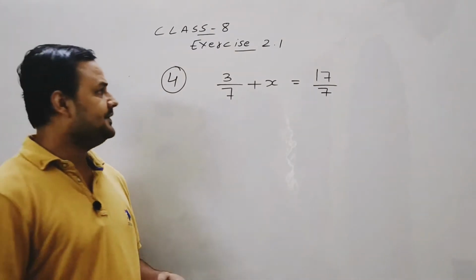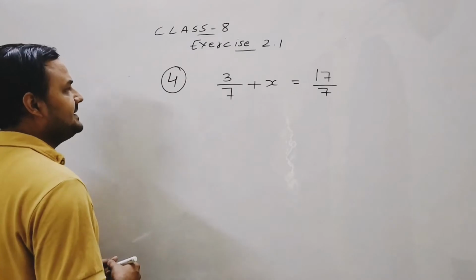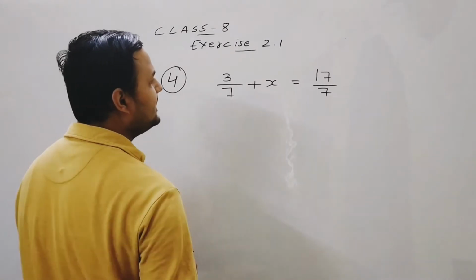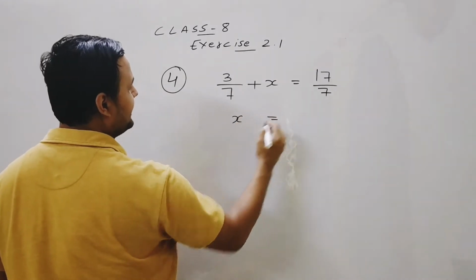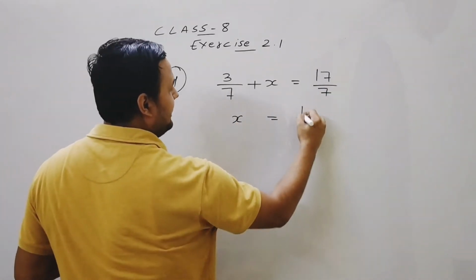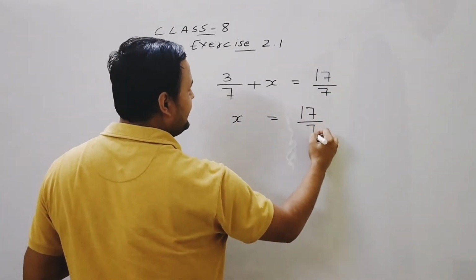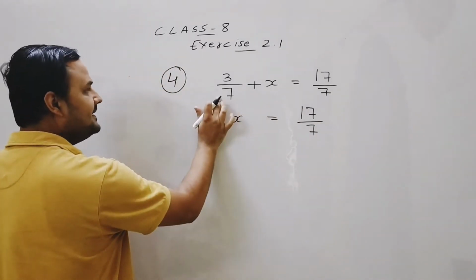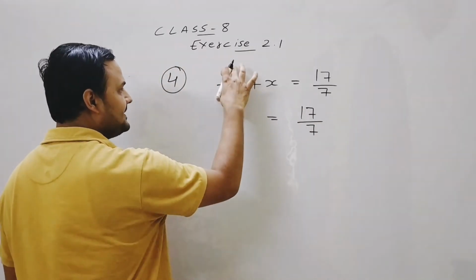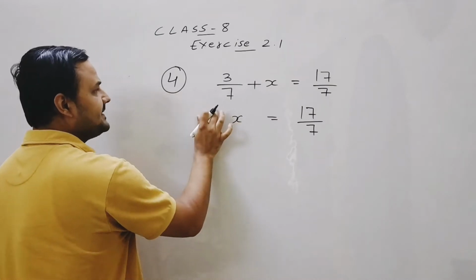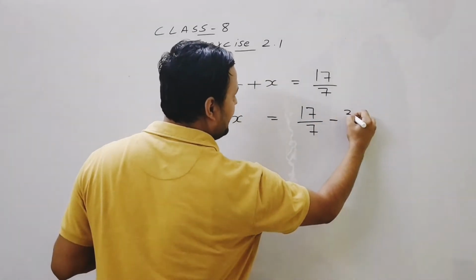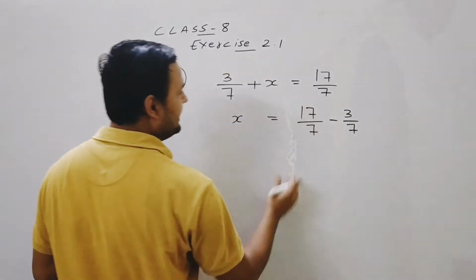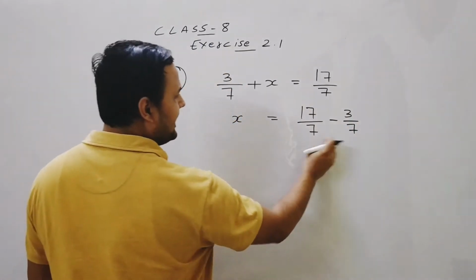Now, question number 4, 3 by 7 plus x equal 17 by 7. So x I will keep on the left hand side. On the right hand side we have 17 by 7, and this 3 by 7 is plus, because no symbol means plus. Now when it goes on the right hand side, it will be minus 3 by 7. Now we got a like fraction.